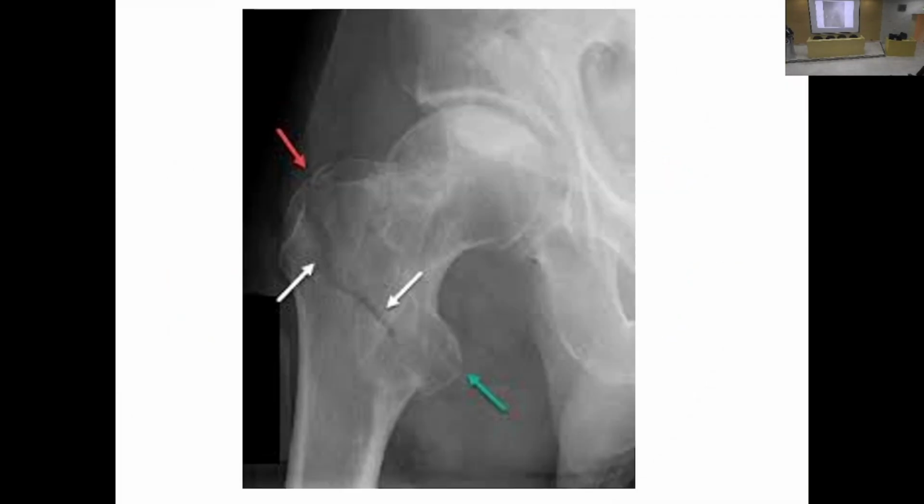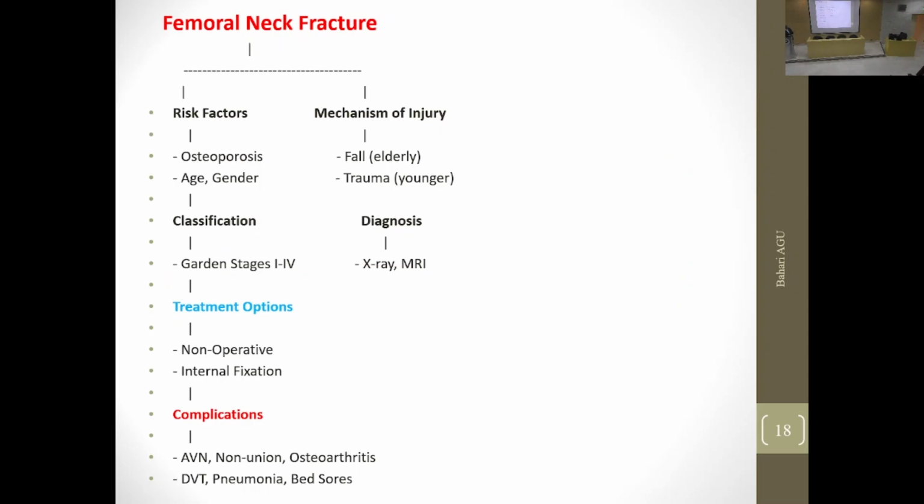This is intertrochanteric fracture. And if you go to the femoral neck fracture, this is the concept map. Risk factors are osteoporosis and age, the older the patient, the higher the risk, and gender, for example female. Classification is Garden classification from 1 to 4 as we discussed.